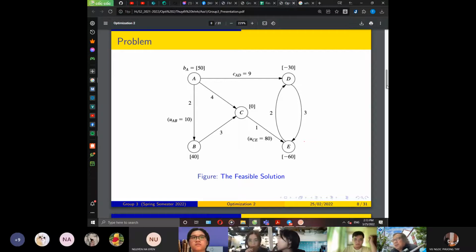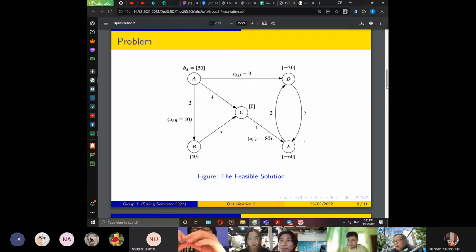Say it again. So 2 is the cost when we move one unit from node A to node B, and by the upper bound technique, we will consider deeper the reverse arc. This is a smaller technique within the upper bound technique.